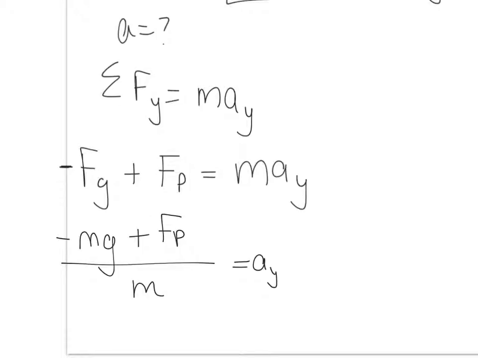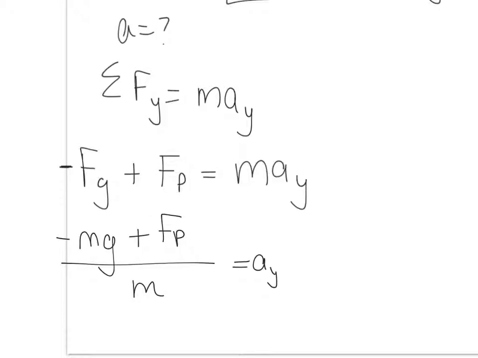I replace FG with mg and I divide by m. This is your answer right here. mg was 78.48 or something like that, and then FP was 100. The mass of the object was 8. Plug that in, you get acceleration. The acceleration needs to be positive because it's moving up. You're lifting it off the table.